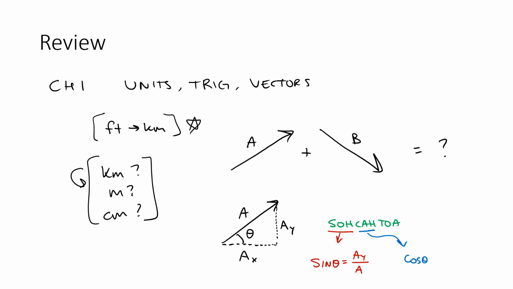Cosine of the angle is AH, so adjacent over hypotenuse. For this angle right here, the adjacent side is A sub x. And the last one, TOA, that is tangent. Tangent is opposite over adjacent.